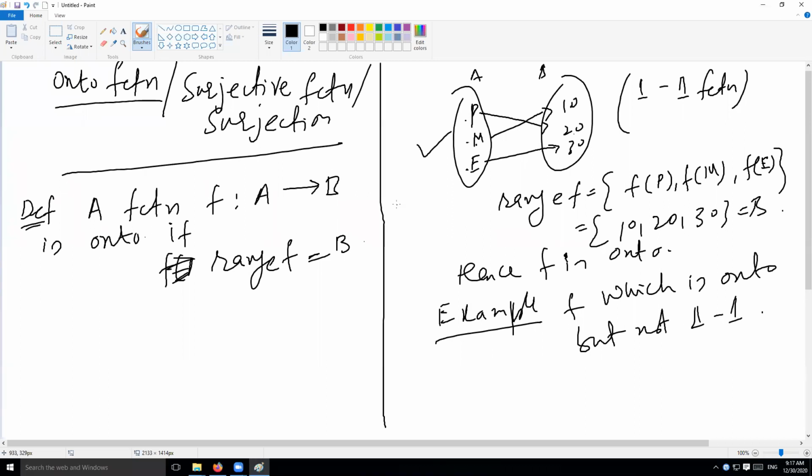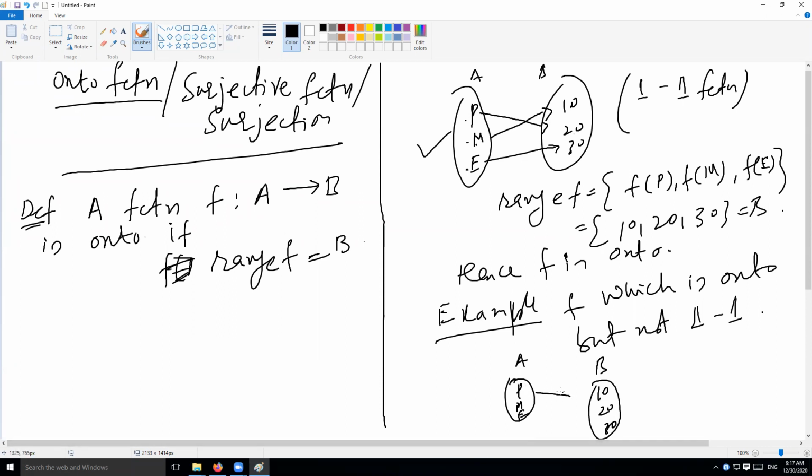That's one way to do it. Let's take A and B, so you have this P, M, E, and 10, 20, 30.